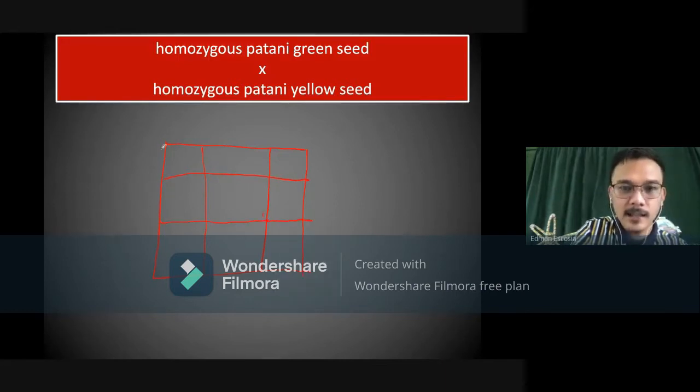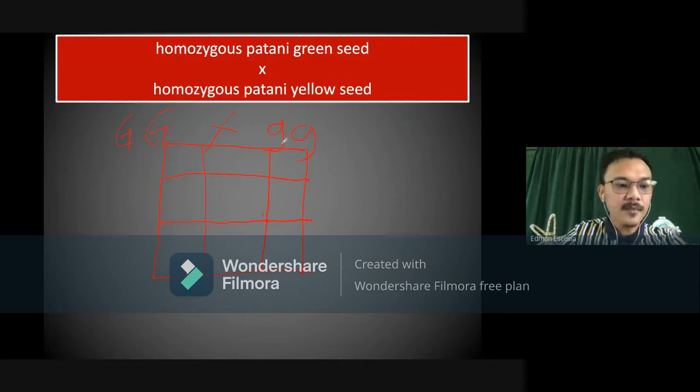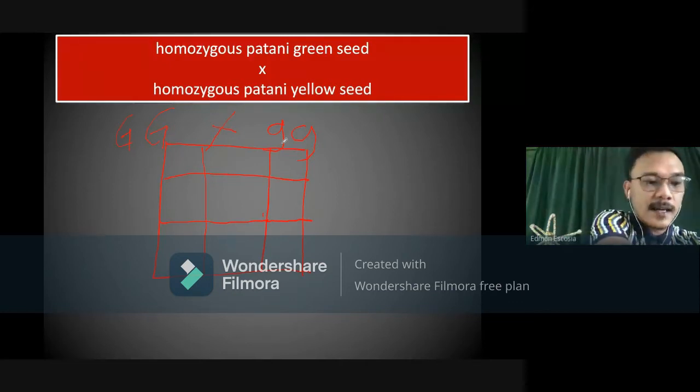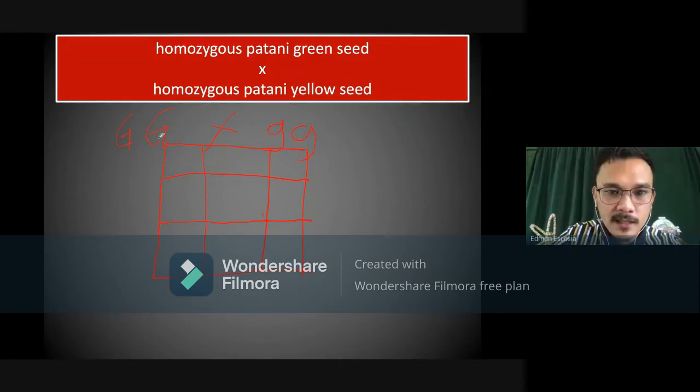Okay, earlier we have already represented the homozygous pattani green seed, and that is capital G, capital G. And we are going to cross this to a homozygous yellow seed, and that is represented by small g and another small g. Okay, this time, I am now going to segregate these alleles to the Punnett square.